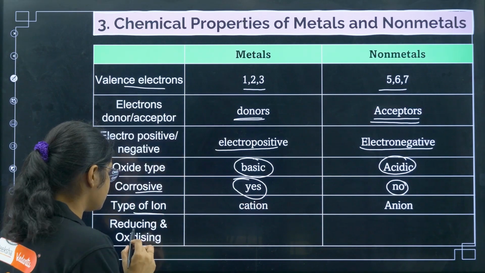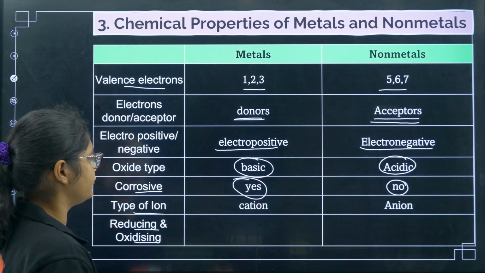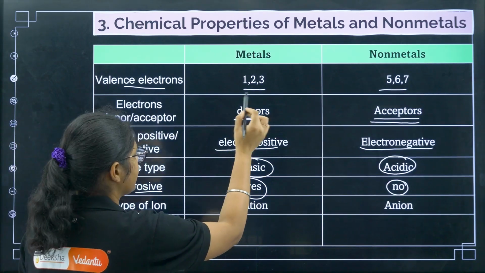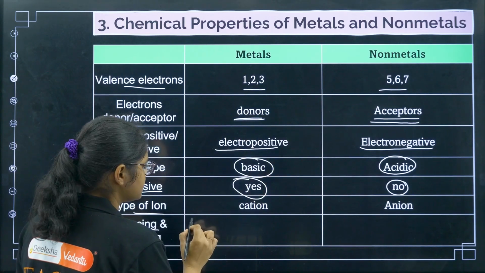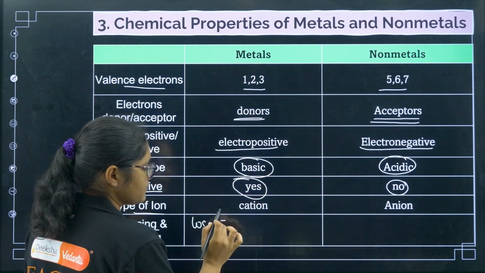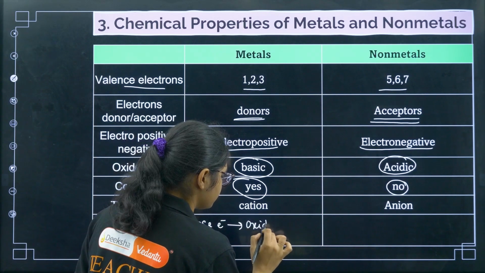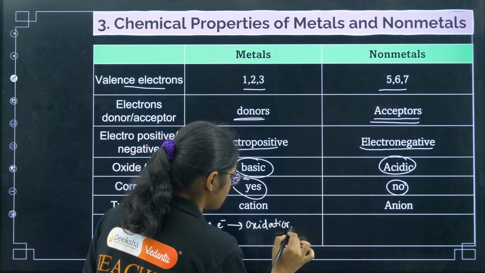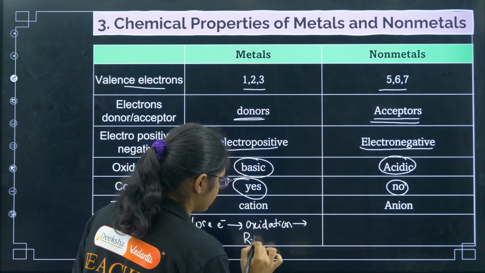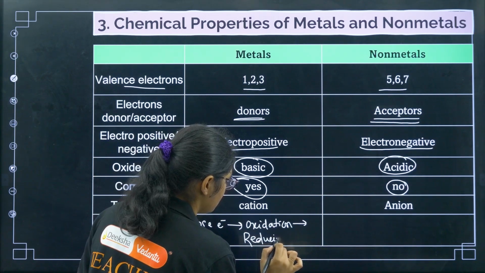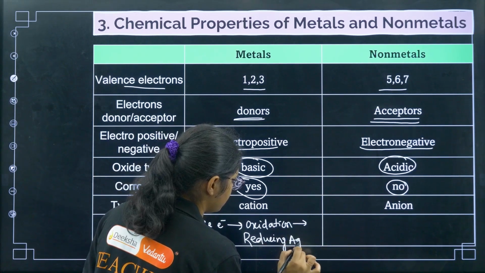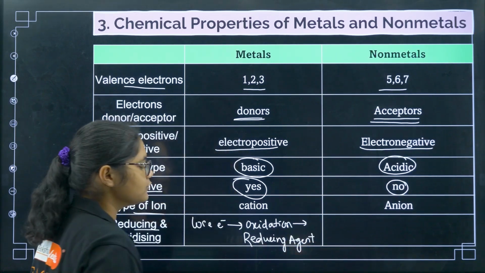Now coming to reducing and oxidizing agents. Metals are electron donors, right? Electron donors means they lose electrons. If they lose electrons, they are undergoing oxidation. The species which undergoes oxidation behaves as a reducing agent. So metals behave as reducing agents; they help to reduce others.